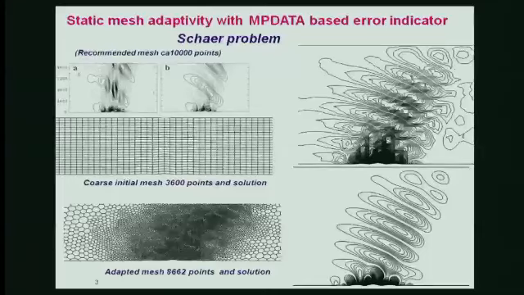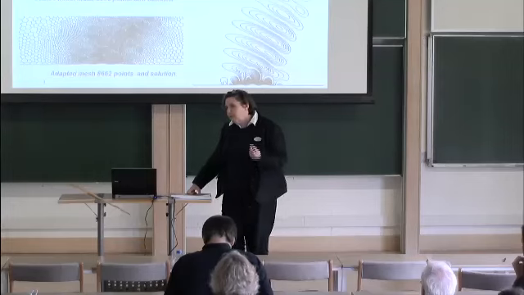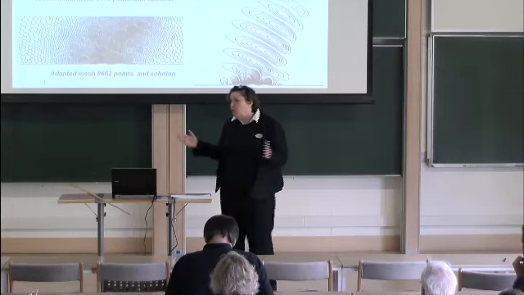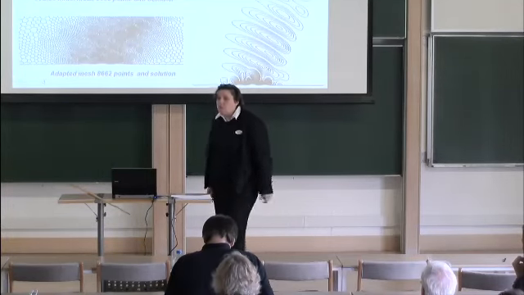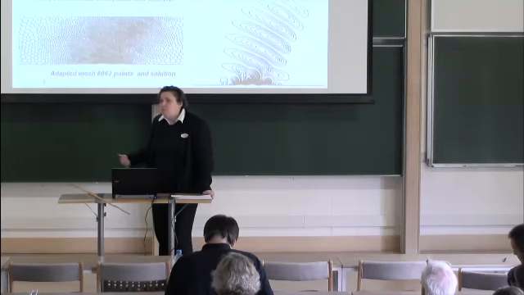The resolution here was automatically done. Always when we, well, at least when I do this type of thing, there are automatic checks which prevent having too small elements. So obviously we don't allow extremely small spacing to appear, because then we would have time step limitations and so on.